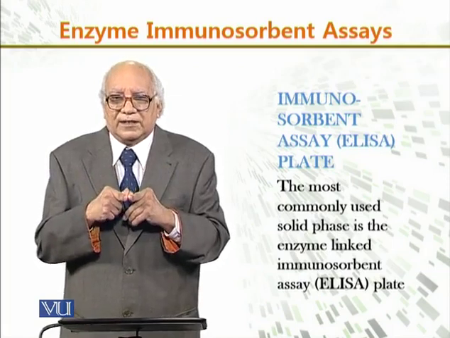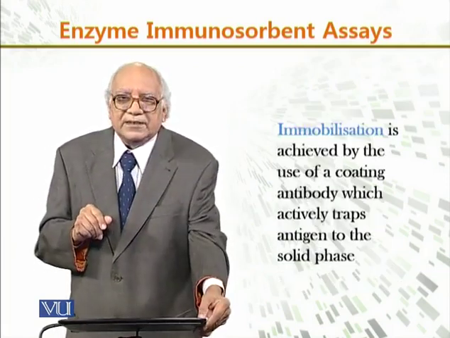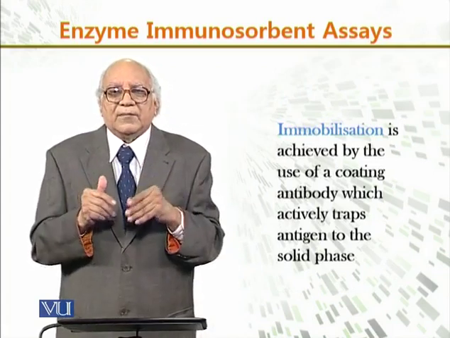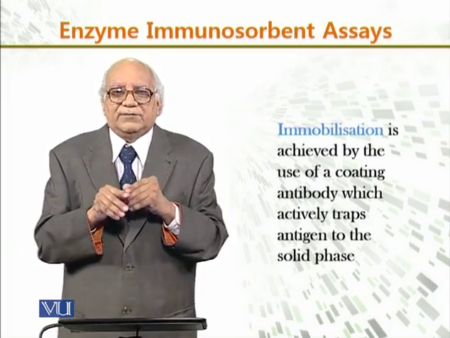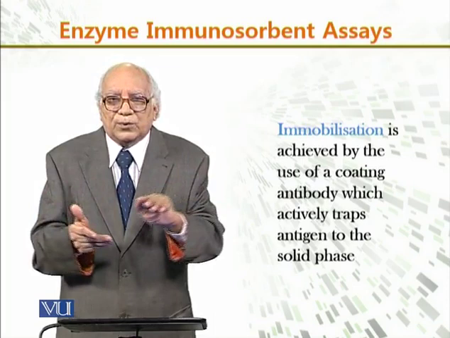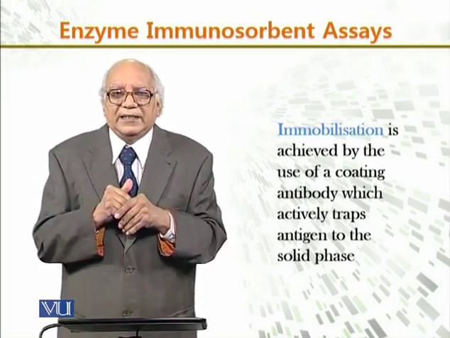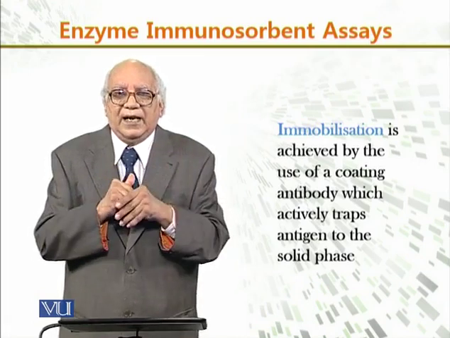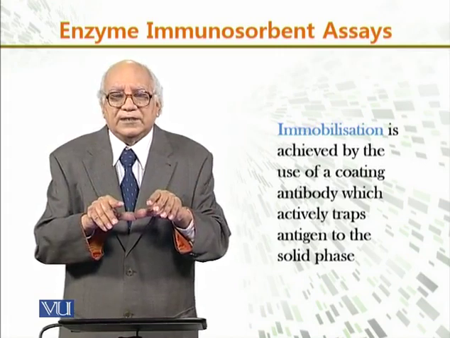And there are ELISA plates, which are the solid support. Immobilization on the solid support is achieved by the use of a coating antibody. Antibody is coated on that plate, and that antibody actively traps antigen to the solid plate.